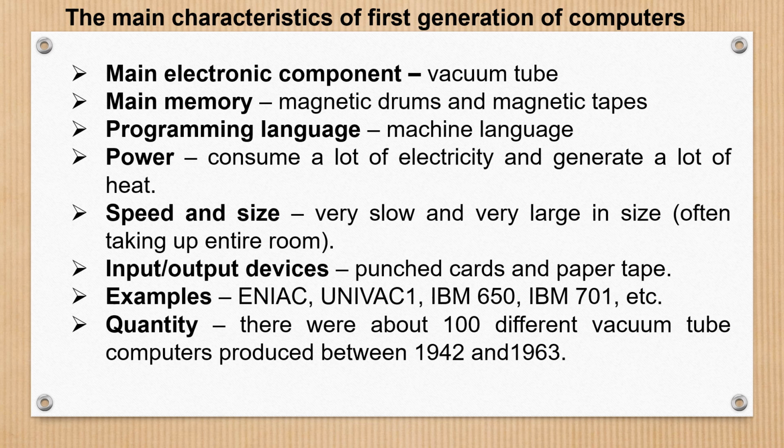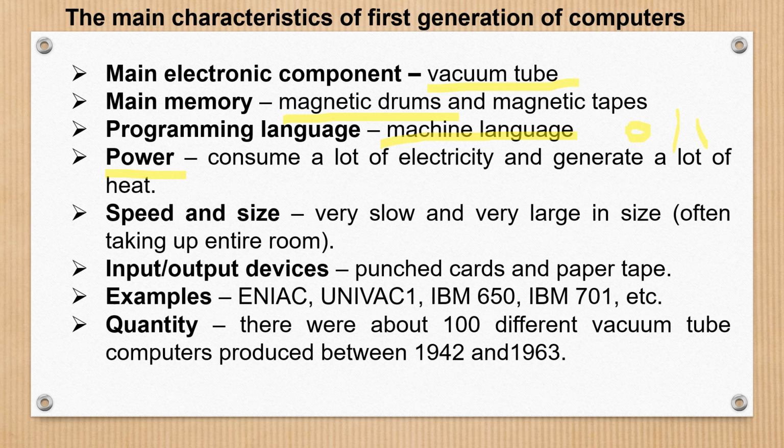The main characteristics of the first generation: the electronic component is the vacuum tube, the memory is the magnetic drum, and the programming language is machine language, that is called 0 or 1. Next, the power: it consumes a huge amount of power and generates huge heat.